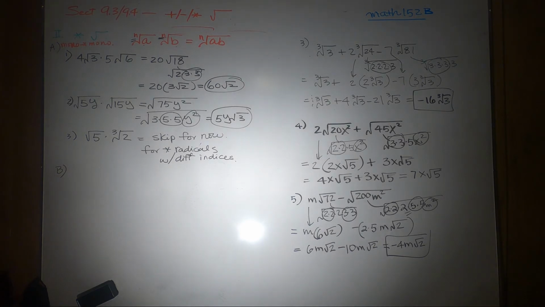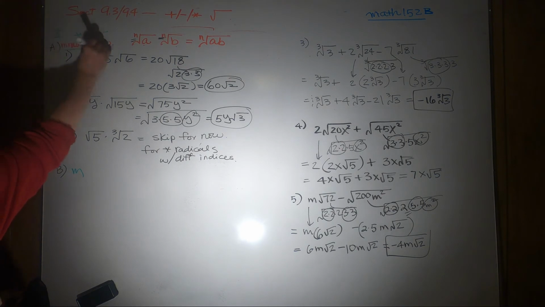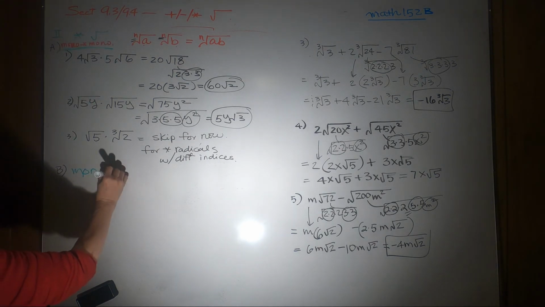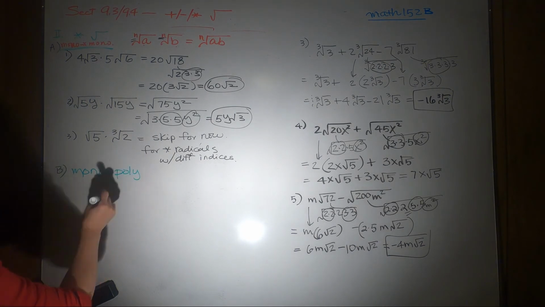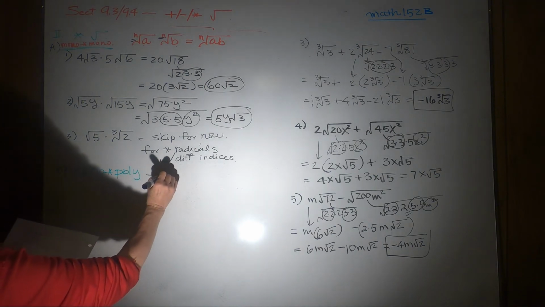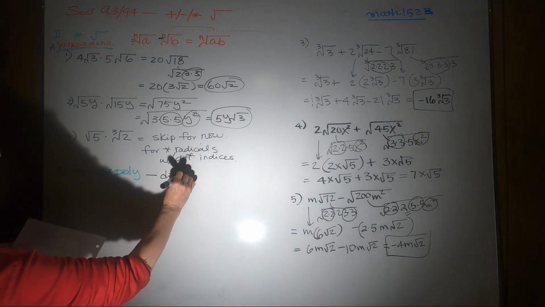Then what happens if we multiply more terms together? If I do mono times poly, one term times many terms, just like your algebra xyz, the way we multiply, we need to distribute them.